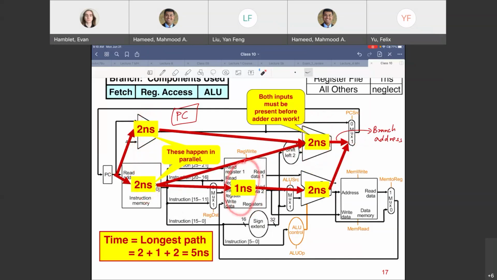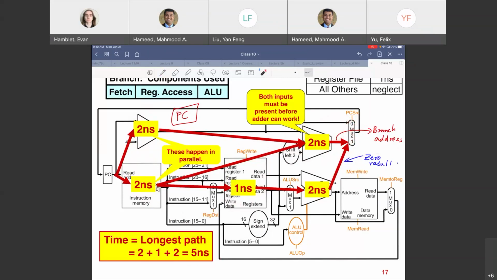Why? Because if I did not include this, you see, I'm waiting for the 0 result, right? In order to complete that instruction, I need to wait for the 0 result. Only then I will be able to pass one or the other through. One is PC plus 4 or the other is PC plus 4 plus branch. So if I need to wait for the 0 result, I need to wait for 2 plus 1 plus 2, 5 nanoseconds.